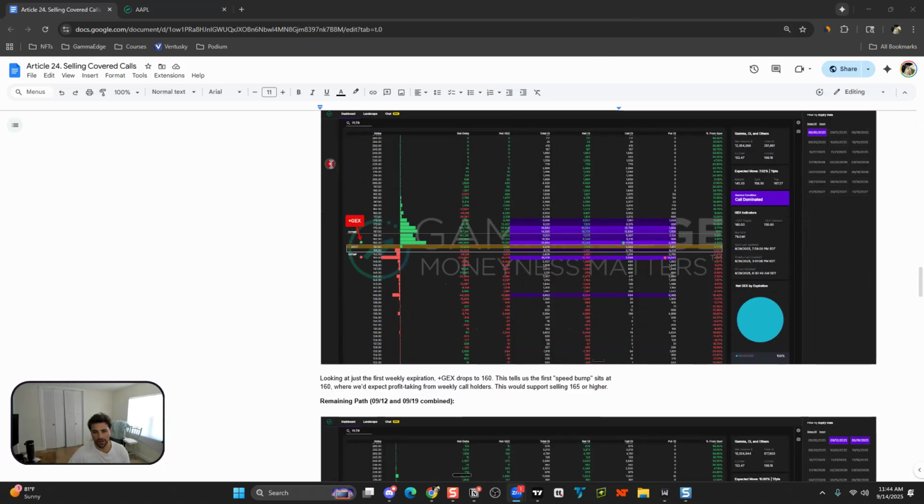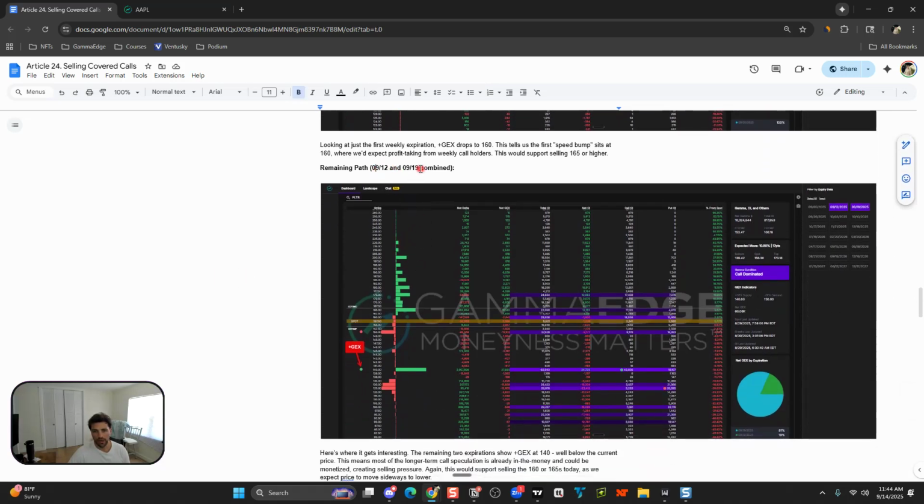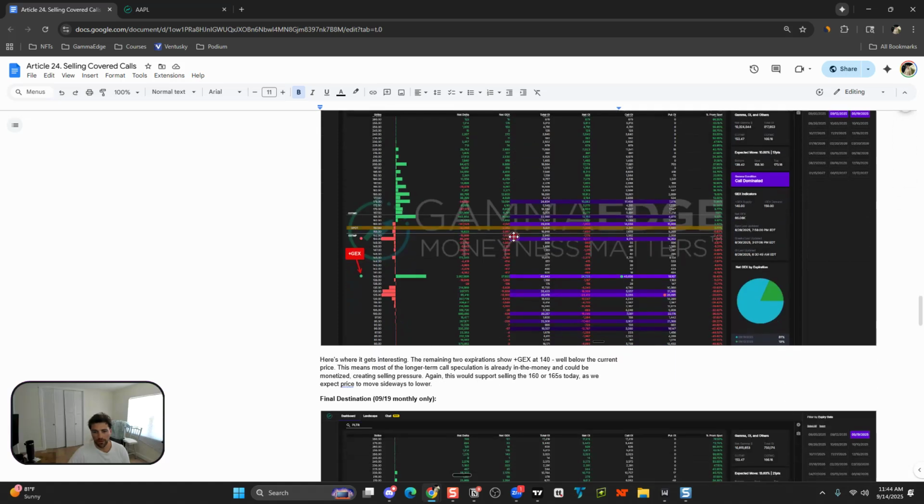So looking at the 9/5, this is the first weekly expiration. Plus GEX drops to 160, so that is good. This tells us the first speed bump sits below the 165 ultimate target that we had. So that's good. Then, moving on to 9/12 and 9/19 combined, seeing what those look like. The remaining two expirations, significantly dropping down to 140, which is well below the current spot price.